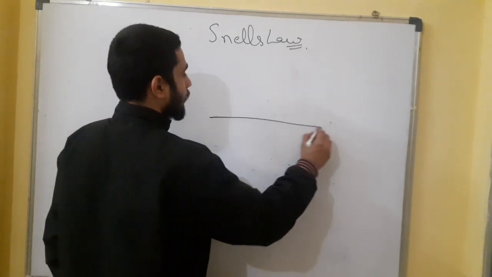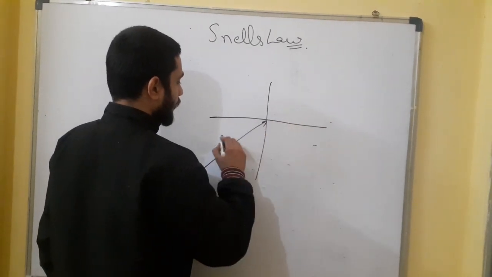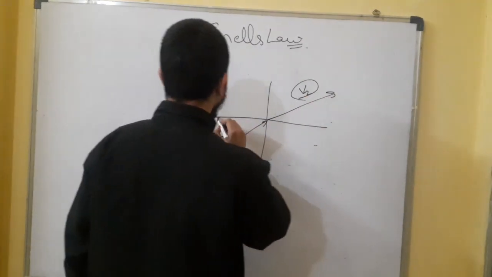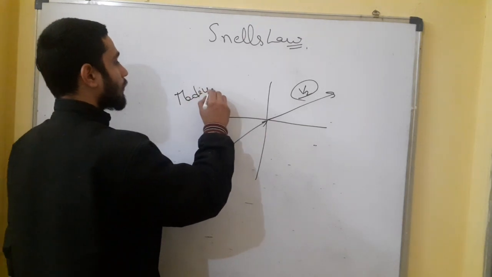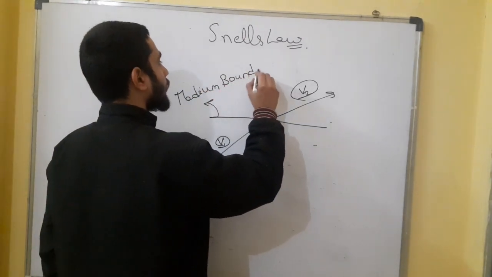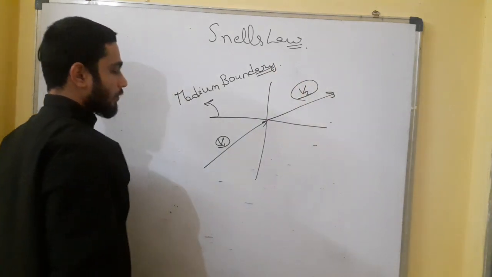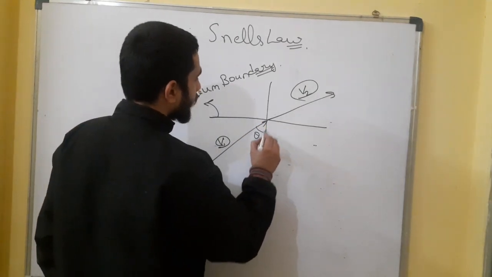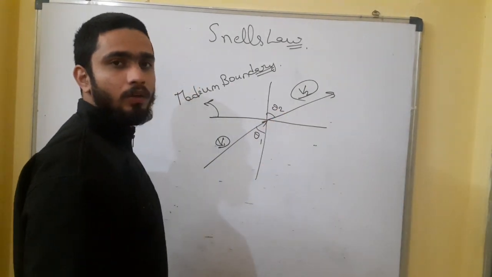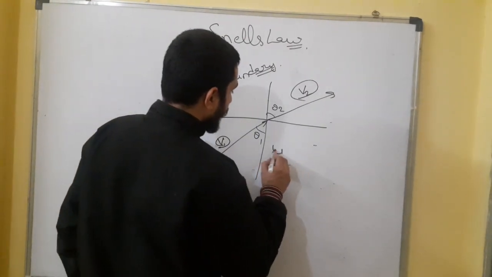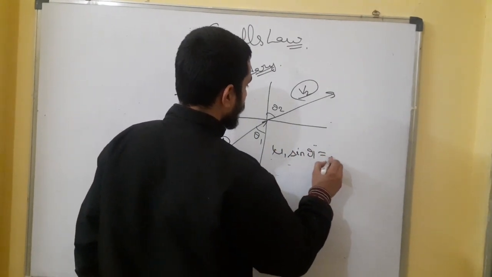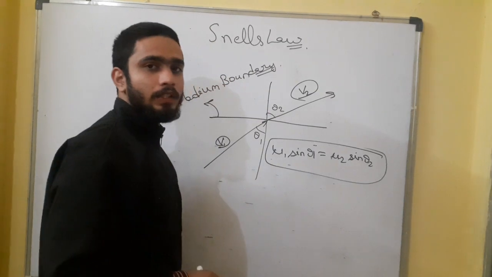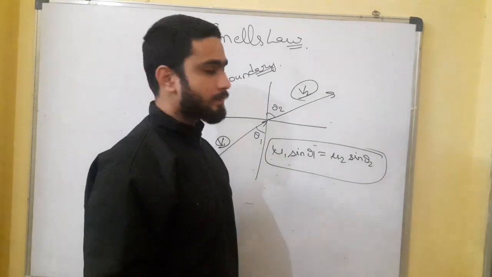Suppose there is a medium with velocity v1, and in the second medium the velocity is v2. Suppose the rays make angle theta 1 and angle theta 2. Okay, so by Snell's law, mu1 sine theta 1 is equal to mu2 sine theta 2. We will prove how it came.